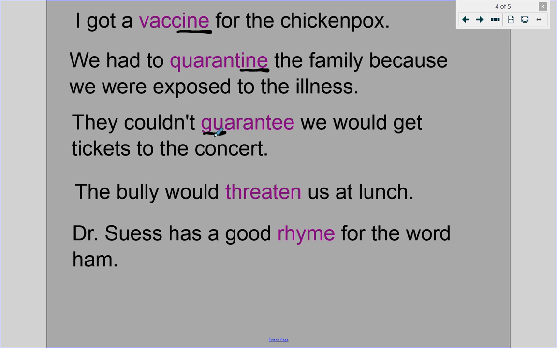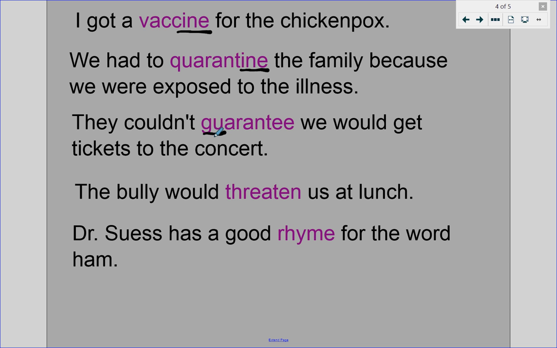The bully would threaten us at lunch. Threaten. If we've had somebody threaten us, what do they do to us? Do they encourage us? No. Do they act kind of mean to us? Yes.